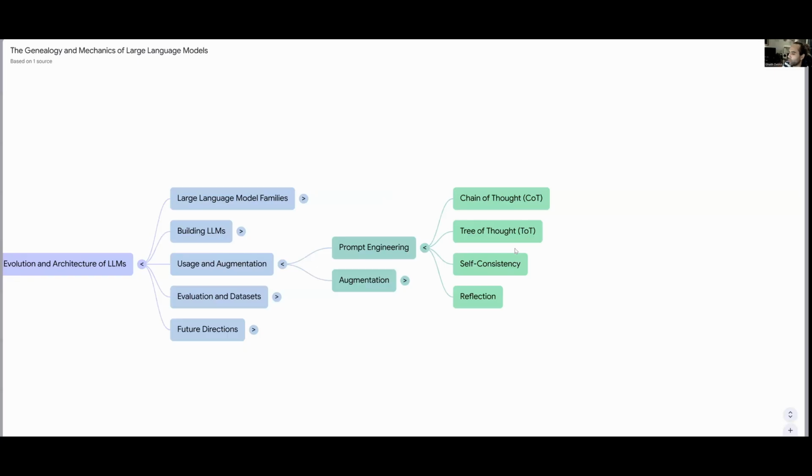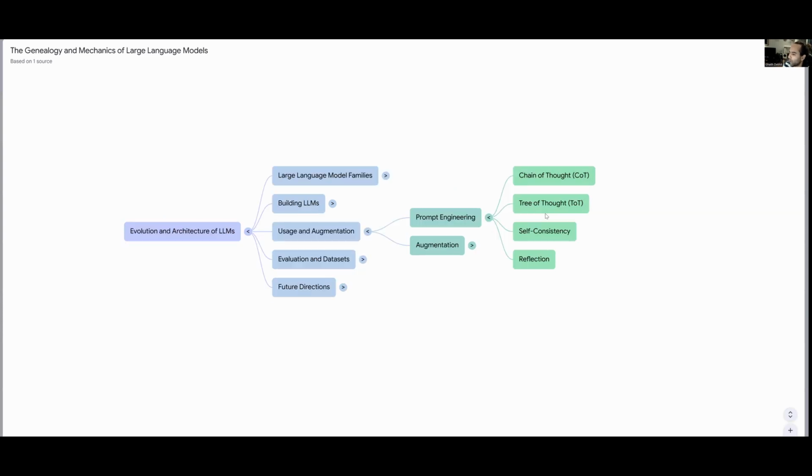Among them, we quote what we call chain of thought, or COT, which permits to decompose complex problems into intermediate reasoning steps. We have what we call the tree of thought as well, or TOT for short. This allows the model to explore multiple reasoning branches, evaluate these branches, and find the best solution to answer the query.